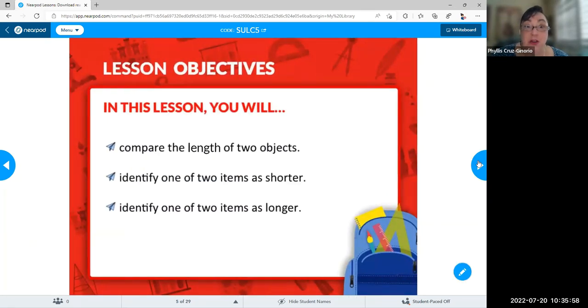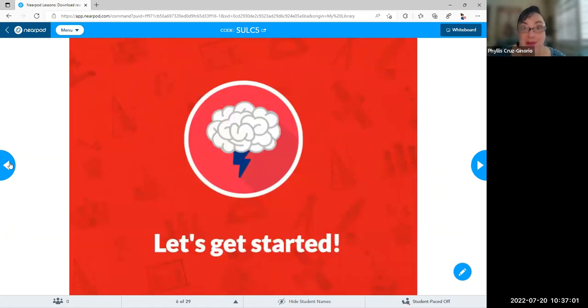So in this lesson, we will compare the lengths of two objects. We will identify one or two objects as shorter, which ones are short, and which ones are longer. Are you ready to compare lengths? Let's get started.